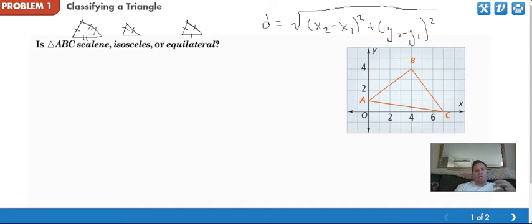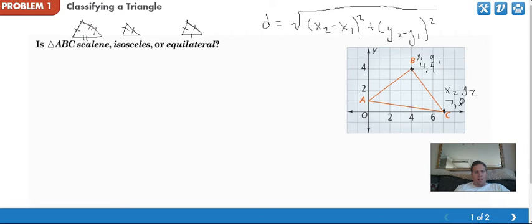Okay, so we have to find it for all three sides, and once we find it for all three sides, we can decide and classify what this triangle is. So if I'm looking at this right here, this point is (4, 4). And if I'm going from this point right here, this point is (7, 0). So I'm going to plug this in. Let's label this as x1, y1, x2, y2.